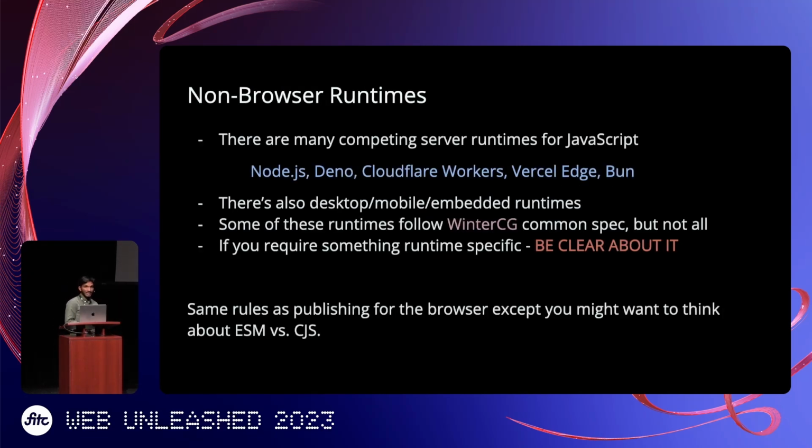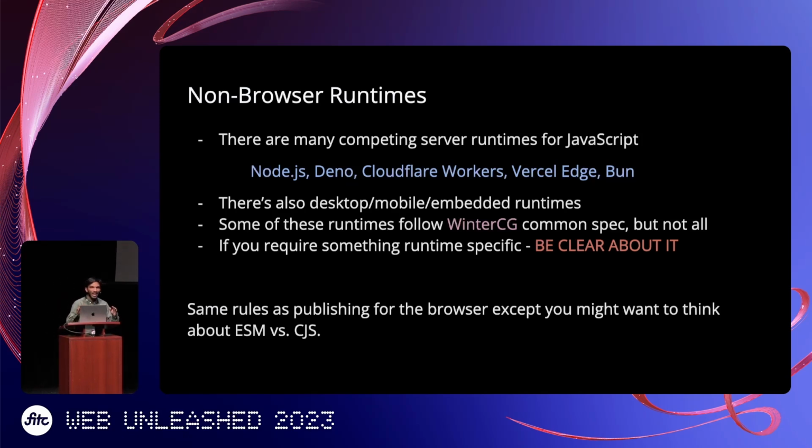Now, there are other runtimes that are not just the browser, and they're increasingly getting popular because people really like JavaScript. They want to write it everywhere. In particular, there's a ton of competing server runtimes. Node was the original big one, but there's Deno and Cloudflare and Bun. And there are also runtimes for desktop or mobile, and even embedded runtimes. Some of these do follow a common spec. This is called WinterCG. It's a consortium that was formed by some of these runtime maintainers.